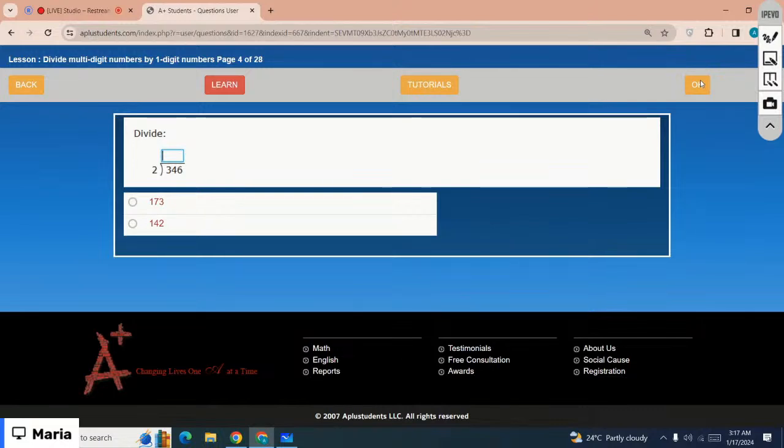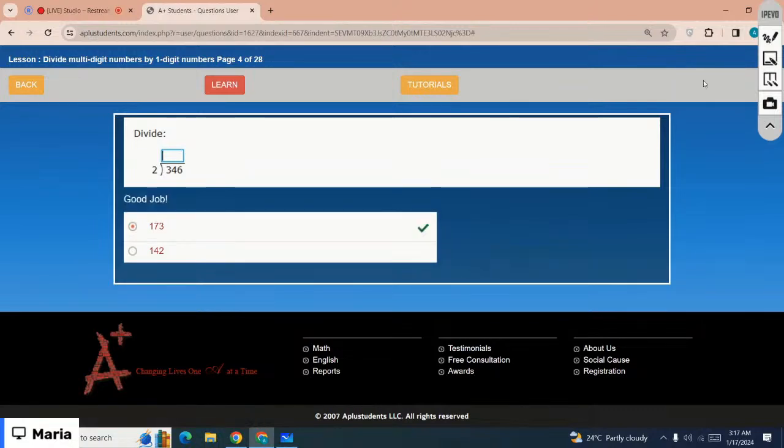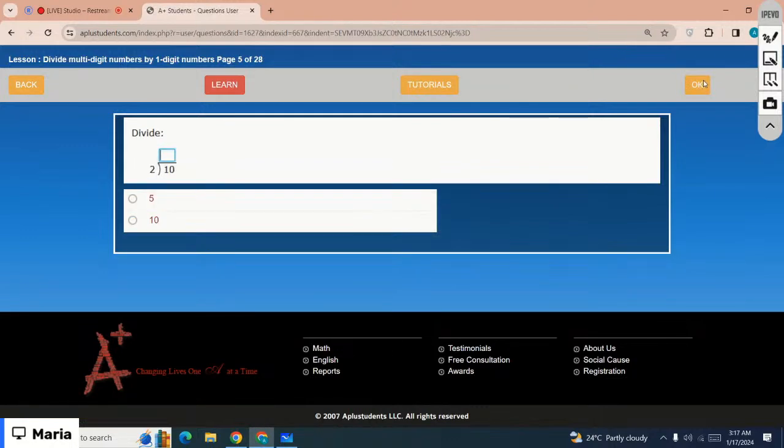Yes, that is 173. Please do not guess the answers. Use your notebook and pencil and then solve. That is 173. The correct option is 173. Why don't you guys use your notebook and pencil?